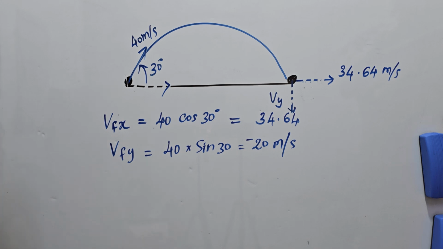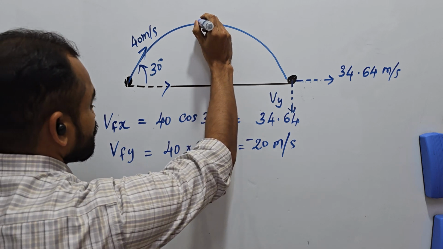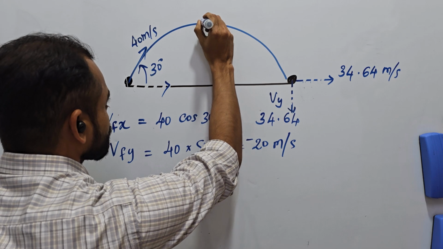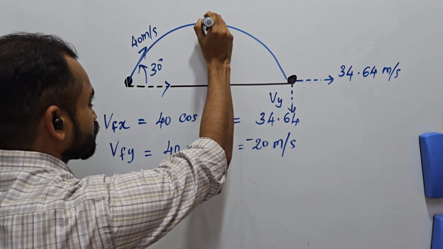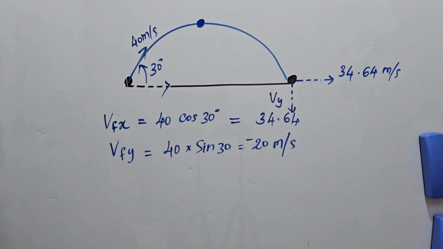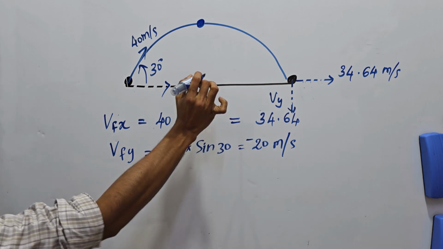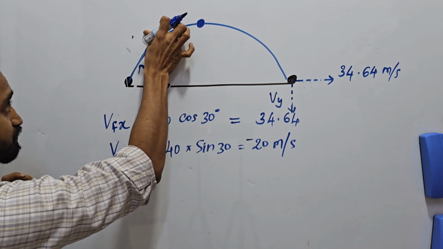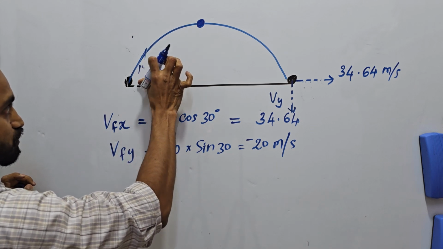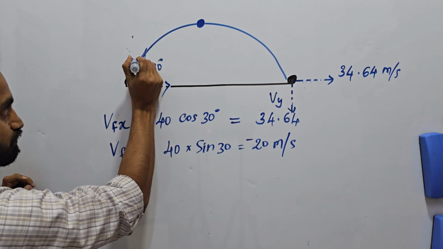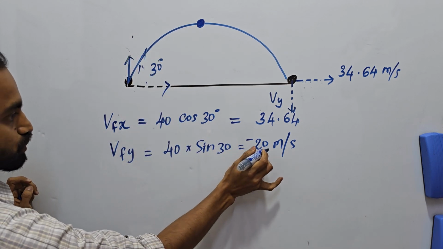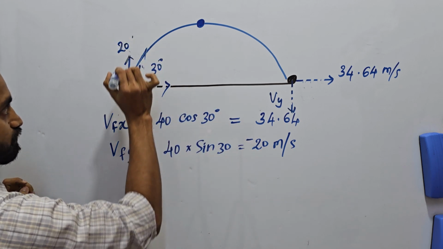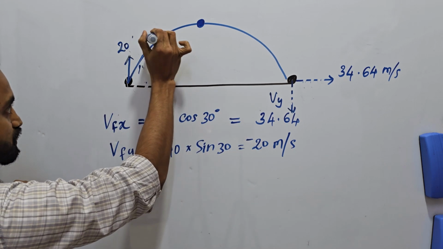Okay, so I will tell you. Can you wait for 1 minute? You will get the answer. For example, what is the initial velocity along the y direction? 20, right? 20 meter per second.